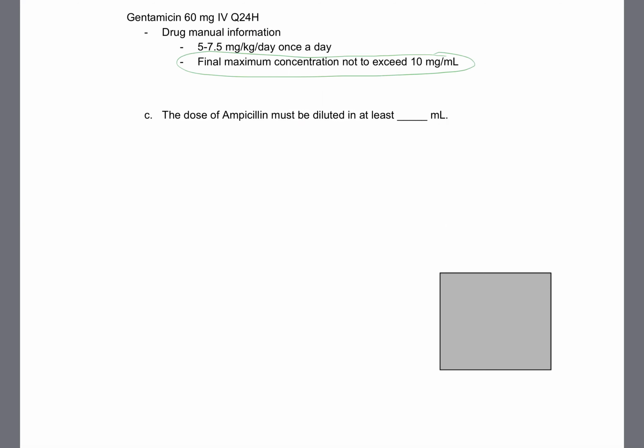And we're going to go ahead and make sure we have our final units, which are mLs, our order, which is 60 milligrams, and what's available is 10 milligrams per mL. You're going to go ahead and multiply those together.